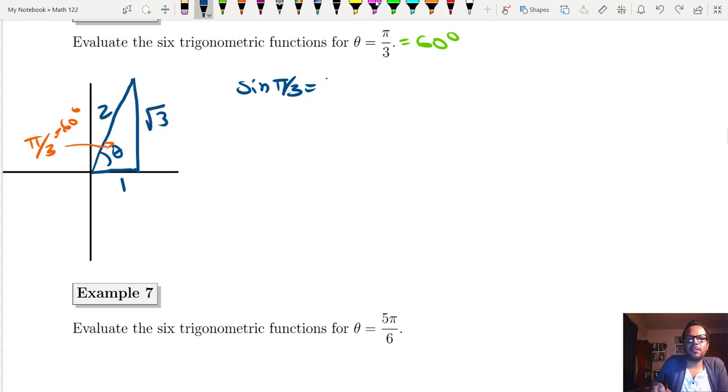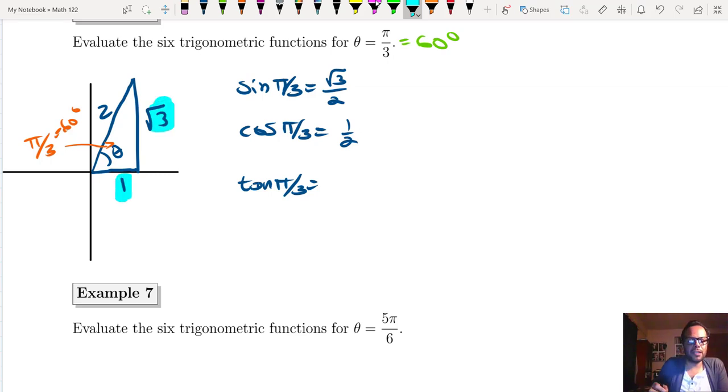Okay, root of 3 divided by 2, cosine pi over 3 equals adjacent over hypotenuse, that's 1/2. Tangent, which is opposite over adjacent, that is root of 3 over 1, which is simply root of 3.